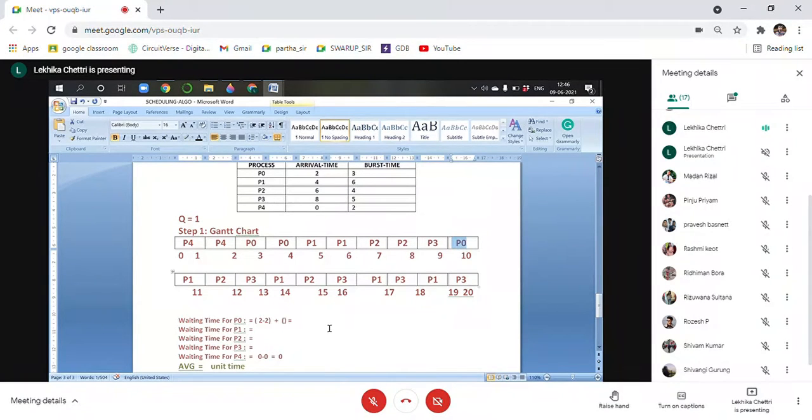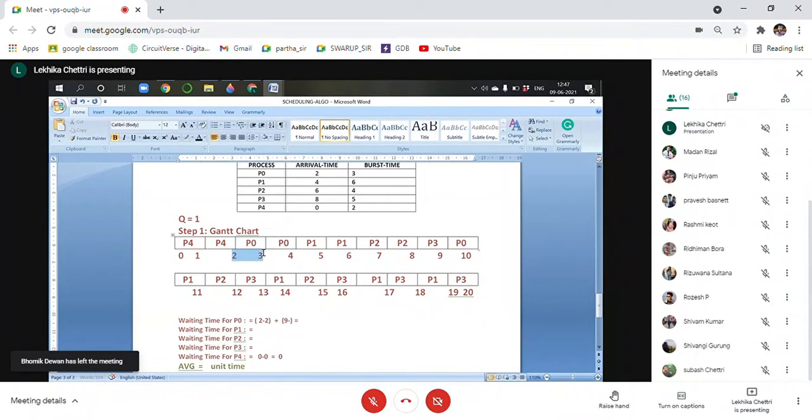So how do we calculate it? Later in the future, when did P0 get the CPU? It started from here. So what is the time unit on this bar? 9. So I will write down here 9. At 9, it got the CPU again. But when was the last time it came out of the CPU? P0 started from 2, continued till 3.